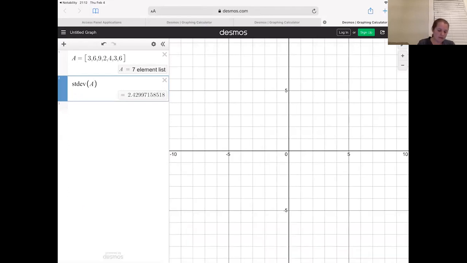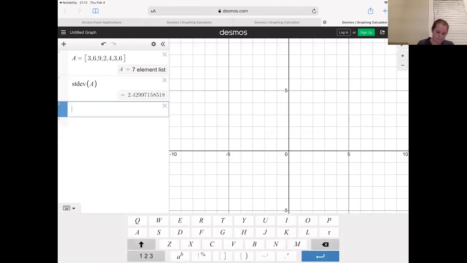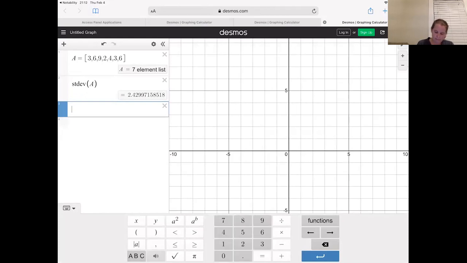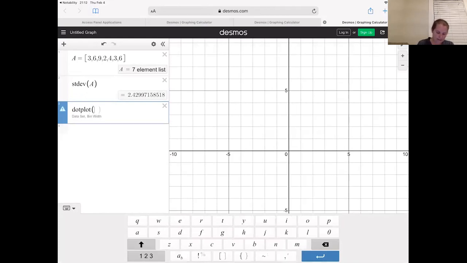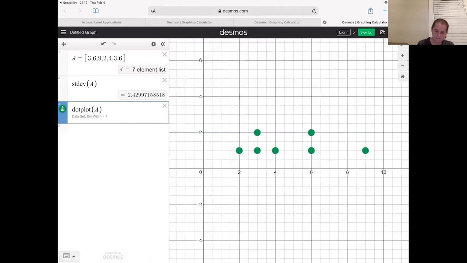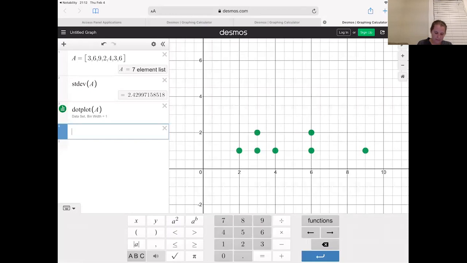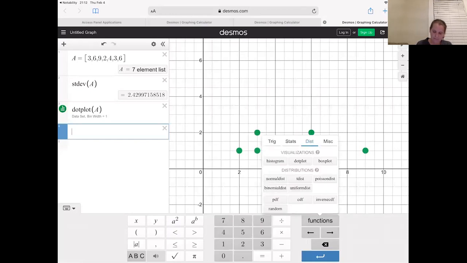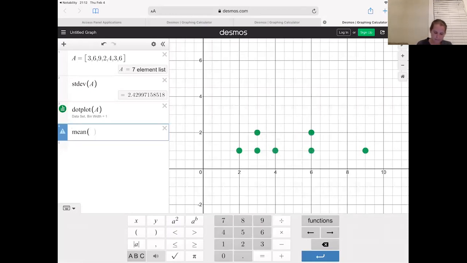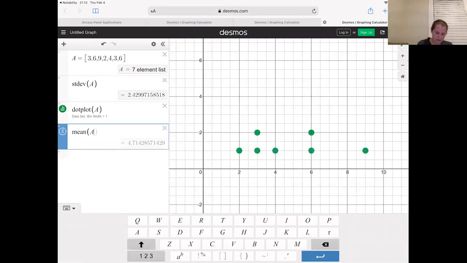So if we draw our dot plot of that list, and calculate the mean so we can see where the mean is, we can visualize our mean and standard deviation.